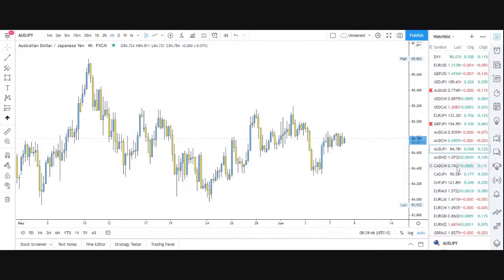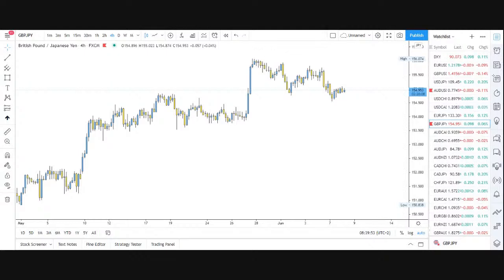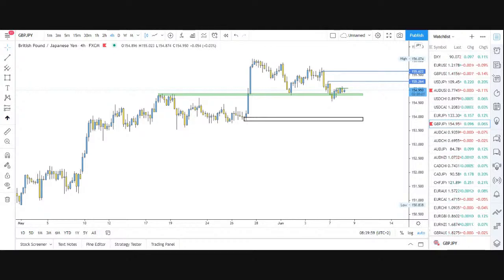Yep, there could be potential for upside on JPY pairs, meaning JPY could get weaker. Okay, so we just add in confluence. You can see the dollar is strong. JPY is getting weaker as I mentioned.